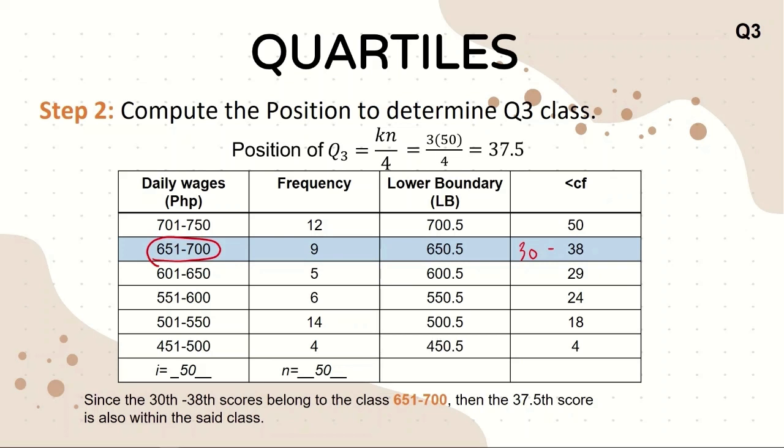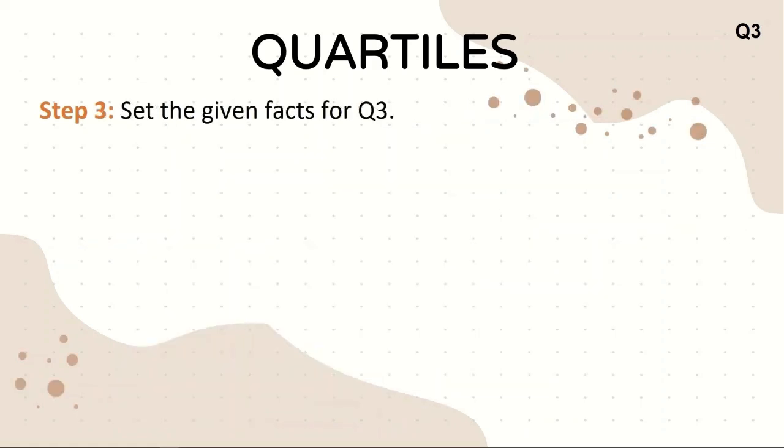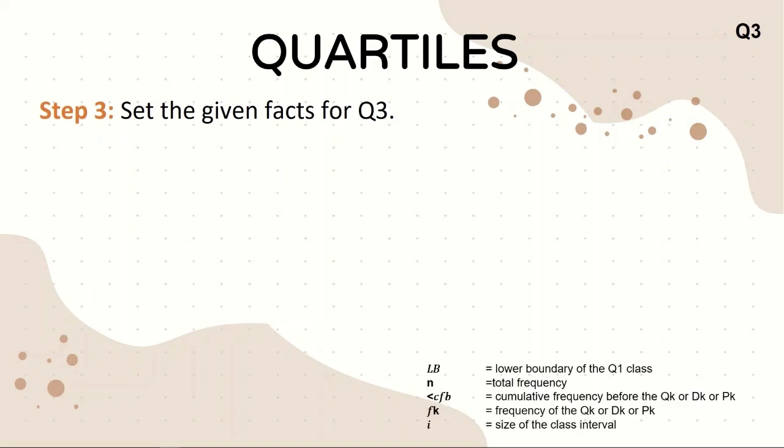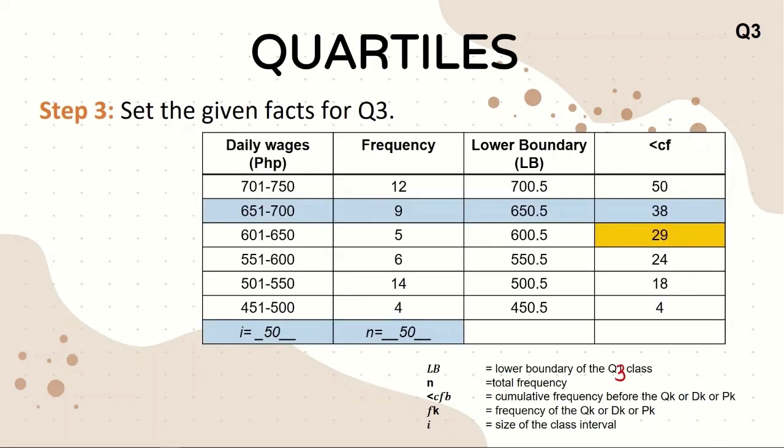So for step 3, set the given facts for quartile 3. We have to find the lower boundary of the third class. So what is the lower boundary of the third class? We refer to the cumulative frequency distribution table. Now we know that the third class position is 651 to 700.